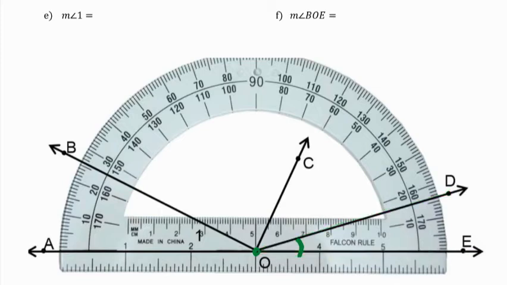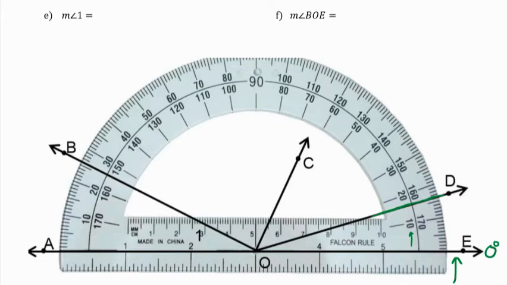So if I look at my 2 points here, E and D, well, E, and this time since I'm starting on this side, I'm going to use these inside numbers because it makes more sense to me at least to start here at 0 degrees. Okay, and then I'm going to go to my line here and count up. And sometimes we're a little bit off on these. As long as you're within a degree or 2 when you're using your protractor, that's fine.